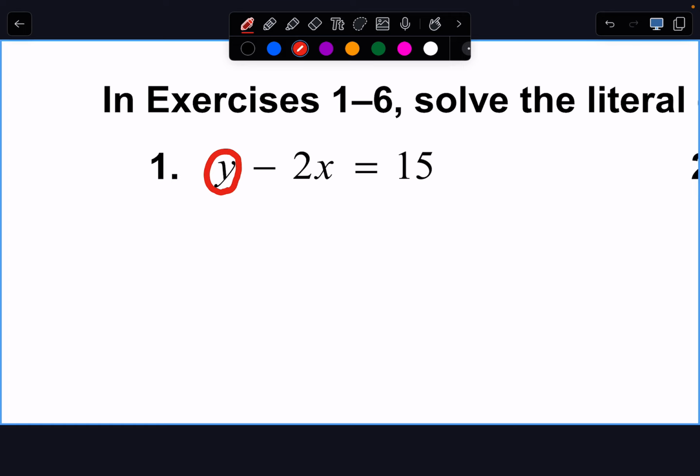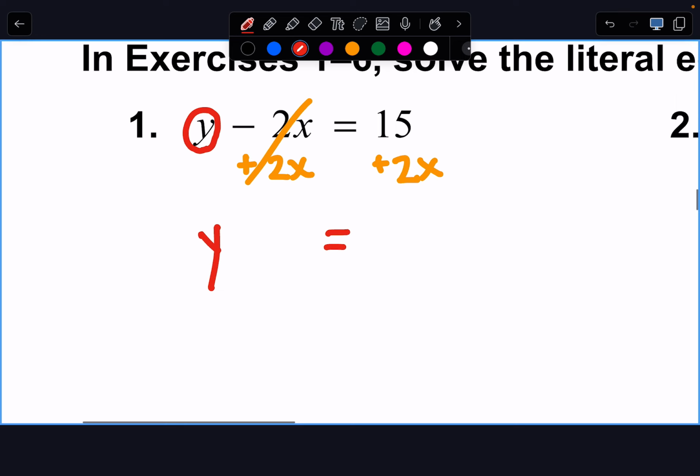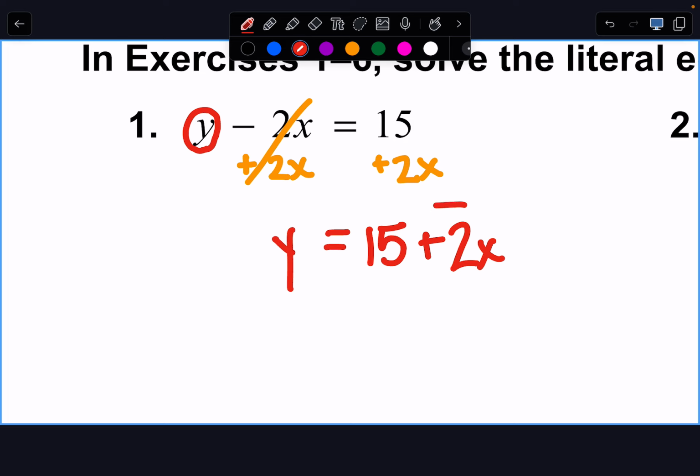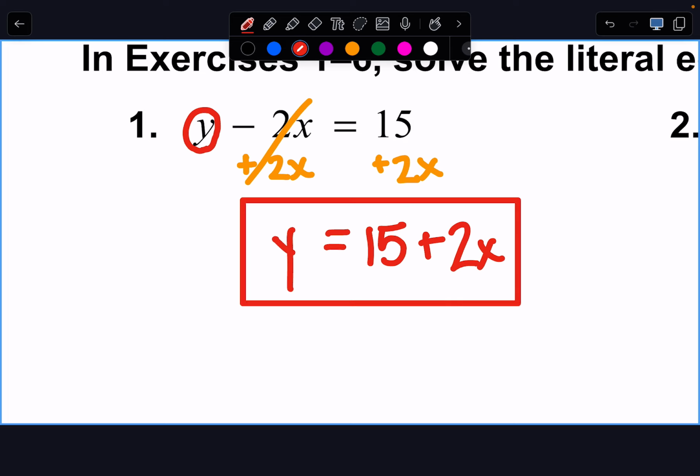So what we're going to do is we are going to add 2x to both sides. Okay, these are going to undo each other. That was the goal. And left, we have y equals, what's on our right side? 15 doesn't have an x, so we have to leave it as 15 plus 2x. I have solved the equation for y.